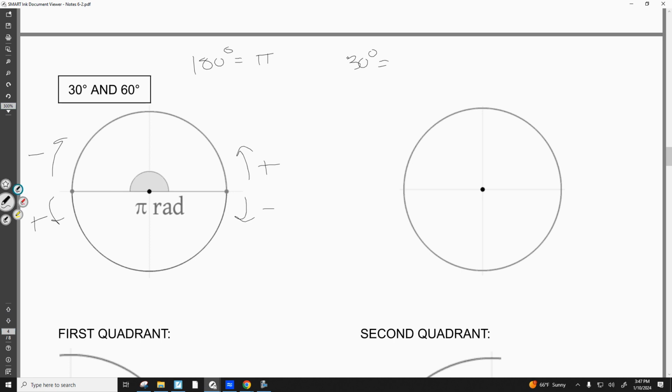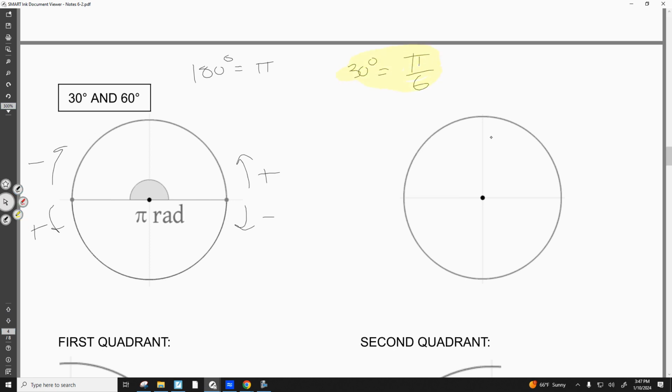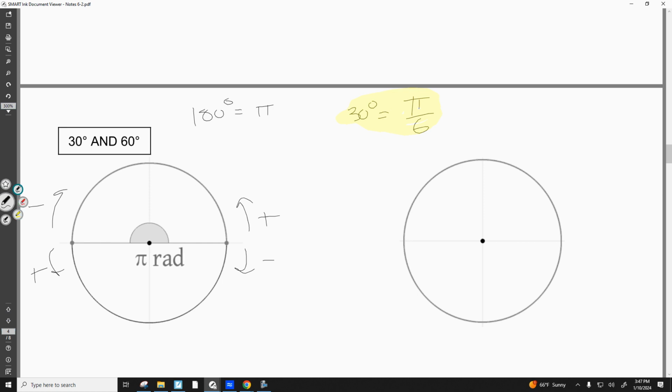Pi divided by 6 is pi over 6. Pi over 6 is equal to 30 degrees. This is the second angle that you're just going to know. Either you know how to get it or it just becomes something that's known.